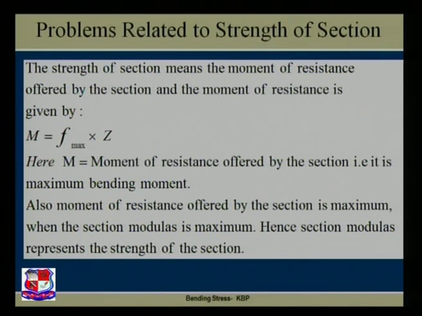Now, we have also discussed certain problems related to the strength of section. Let us recall in 1 minute. The strength of section means the moment of resistance offered by the section, and the moment of resistance is given by M equal to F max into Z. Here M is the moment of resistance offered by the section, that is, the maximum bending moment.